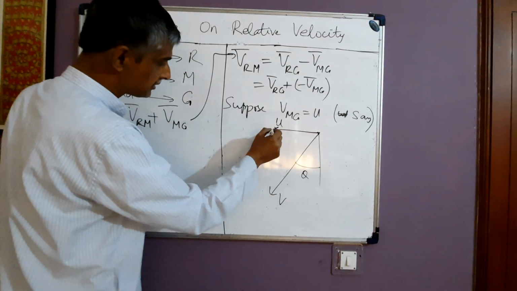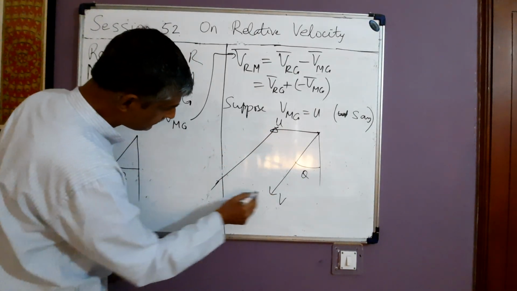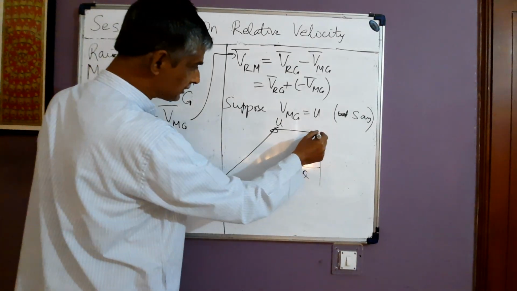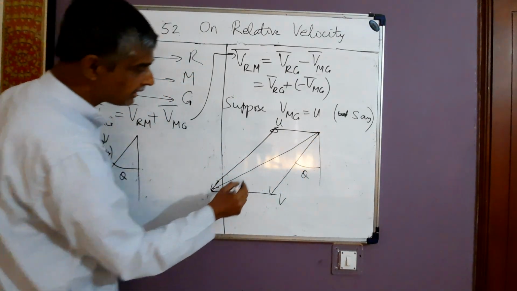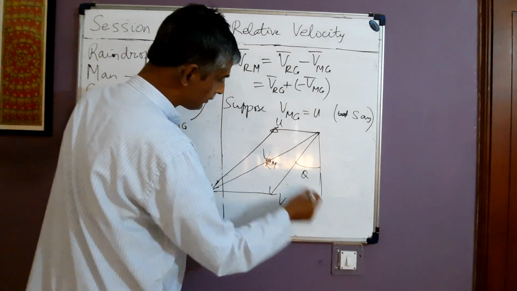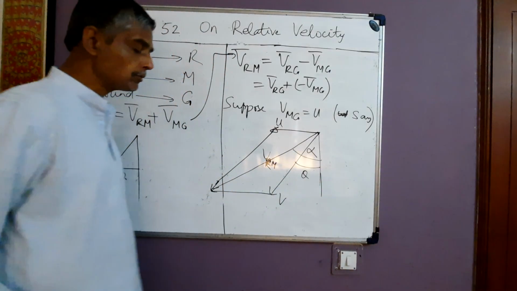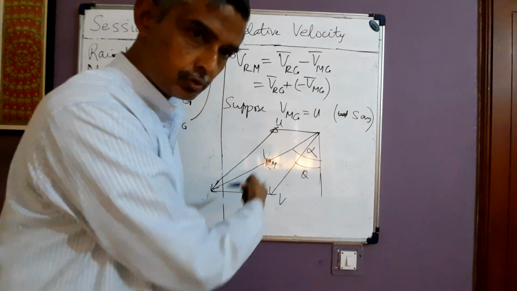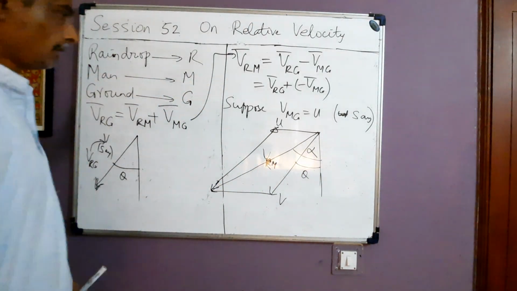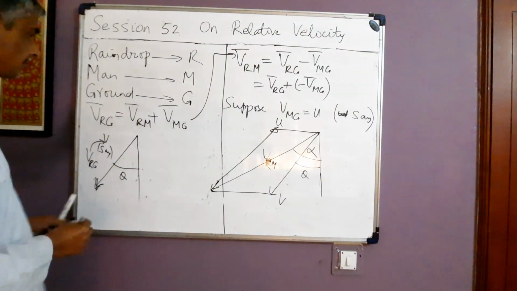With these two as adjacent sides, we complete the parallelogram. The diagonal of this parallelogram, from the common tail of these two vectors, is VRM. This VRM makes an angle of alpha with the downward vertical, to the left of it, as shown here.